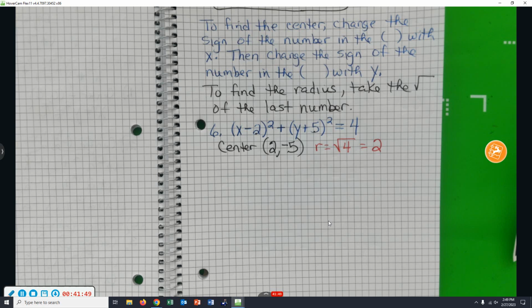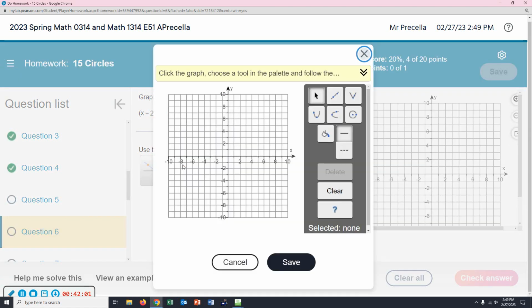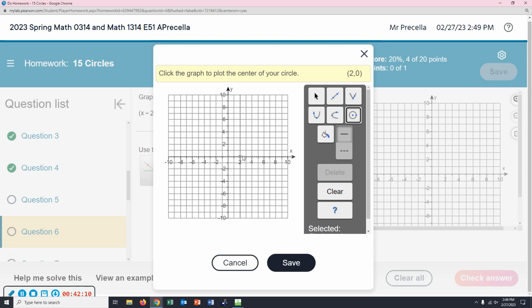Am I ready to graph it now? Yes. Change the sign, square root. Come over here. I'll click this. Circle. See, it says plot the center. Well, we know the center. It's 2, negative 5. Right 2, down 5.